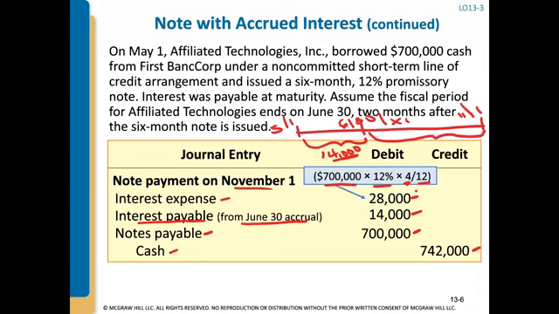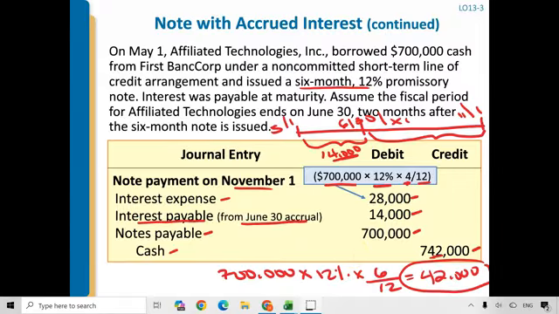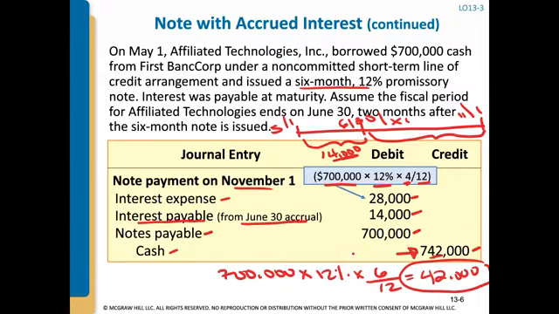for $742,000. I want to note that it's just $700,000 times 12% times 6/12, because this is just a 6-month note, right? So you would get $42,000, which is the $700,000 plus $42,000 that was the amount paid out.